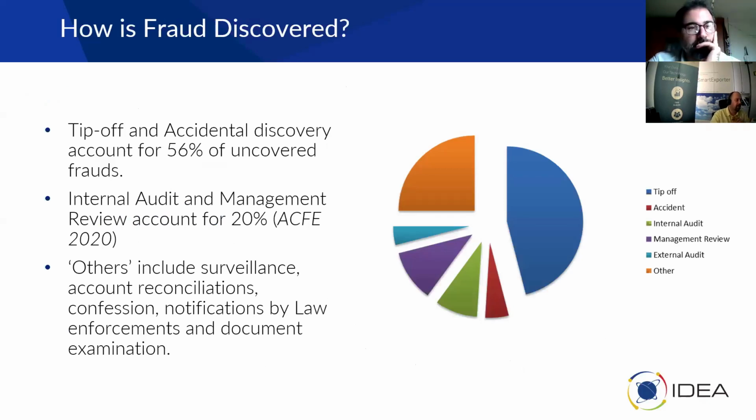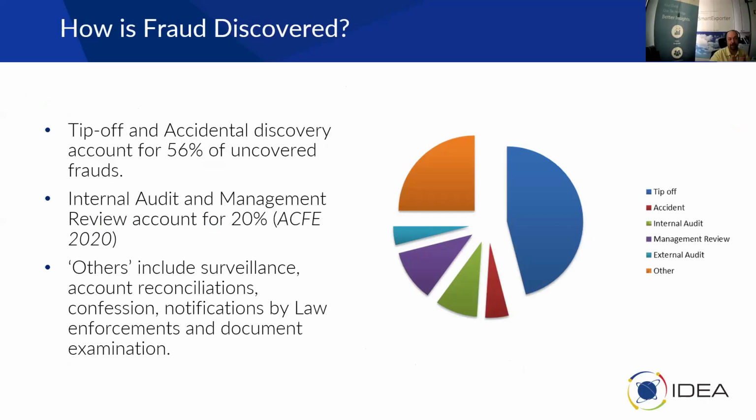How is fraud discovered? According to the Association of Certified Fraud Examiners 2020 Report to the Nations, tips or whistleblowing 51%, plus accidental discovery 5%, 56% from that side. Internal audit 9%, plus management review 11%, 20%.